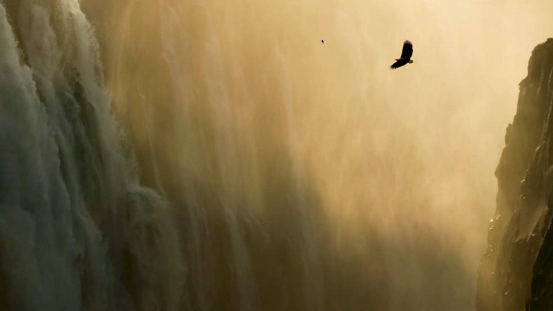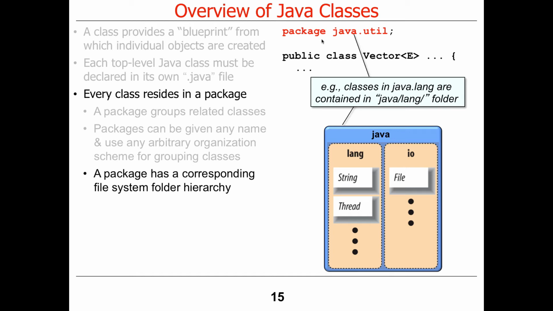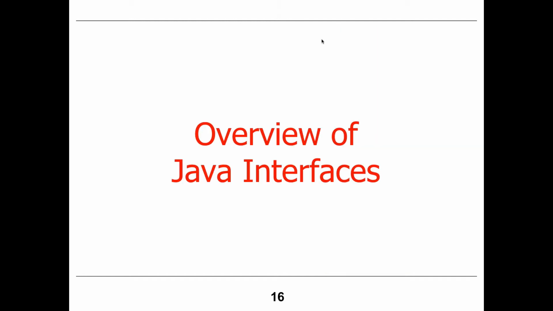Things that are in the java.lang package are in the java/lang folder in the file system. This slide should be updated to say java.lang instead of java.util.